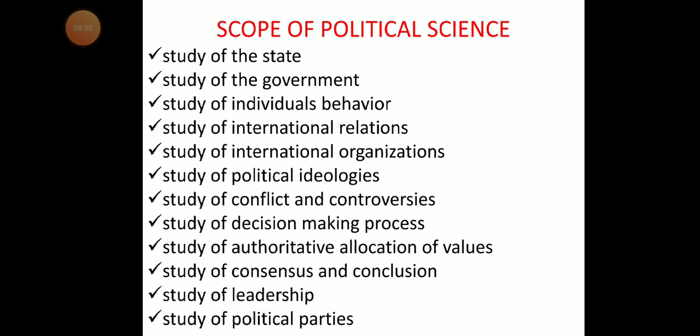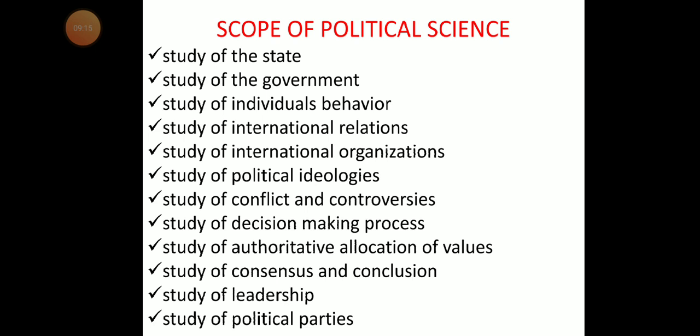Next point is the study of the decision making process. As a nation, we have certain rule making agencies, right? For example, in our country we have parliament. It makes rules, and the ministries implement those rules. There are different problems, and the states have to provide solutions to those problems through decision making, through rule making.